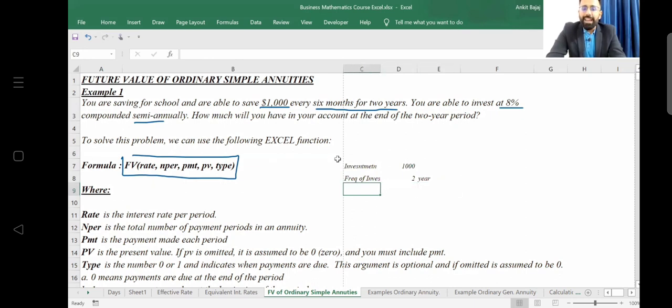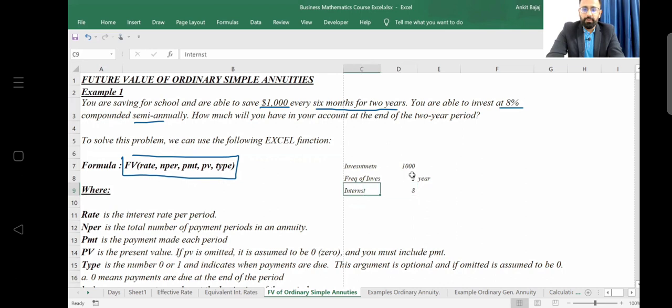You are able to invest at 8%, that is compounded semi-annually, right? Semi-annually means your interest will compound every 6 months. So interest is 8%, compounding semi-annually.